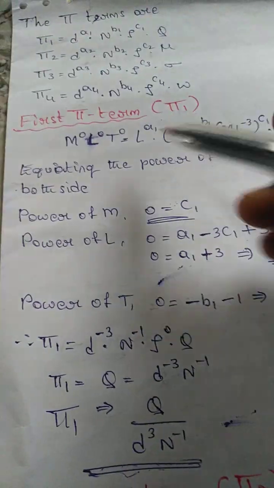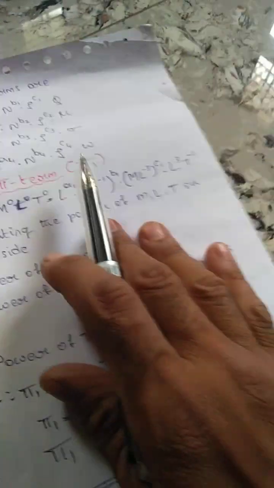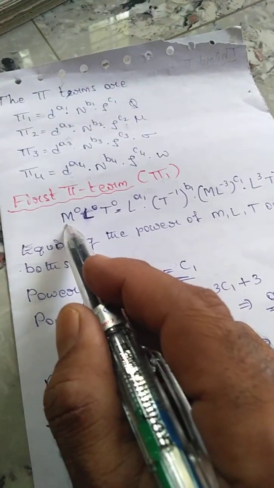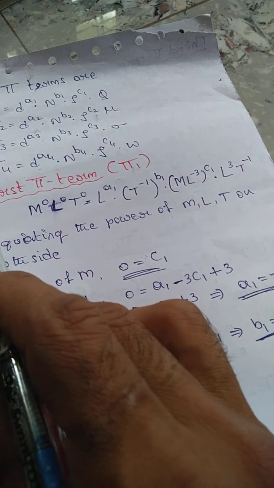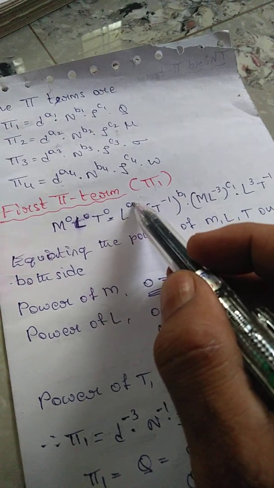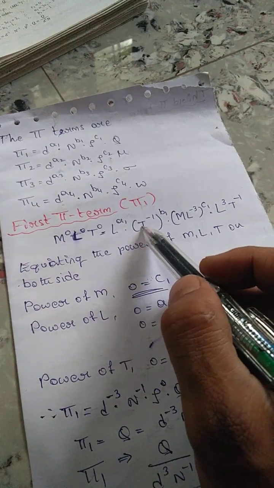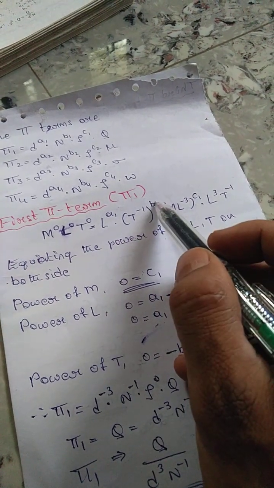So for the first pi term, that is pi 1, we have to write this equation: M to the power 0, L to the power 0, T to the power 0 on the left hand side is equal to L to the power a1, into T to the power minus 1 whole to the power b1.